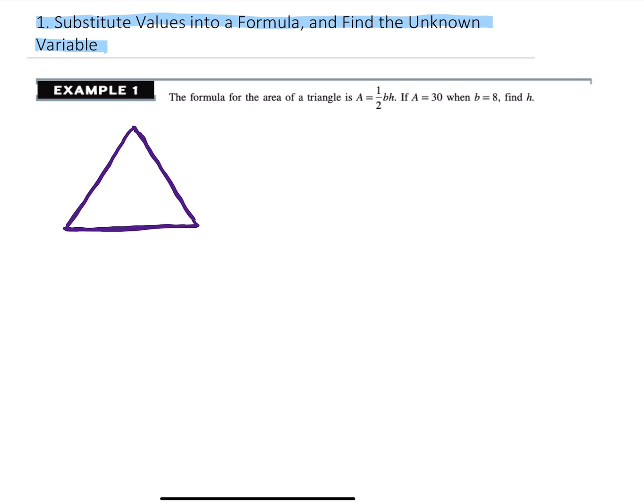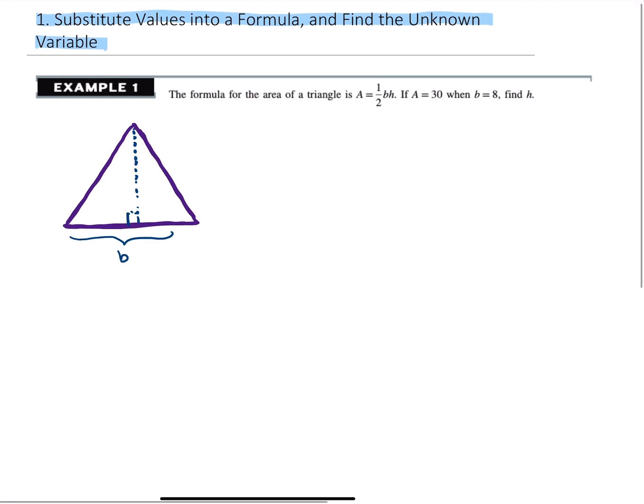And we can describe this side here as the base, and that's what they put as B in the formula. And then if we go from the top of the triangle and draw an imaginary line going straight down to form a right angle here, this is what they're calling the height of the triangle. And they will typically use an h.